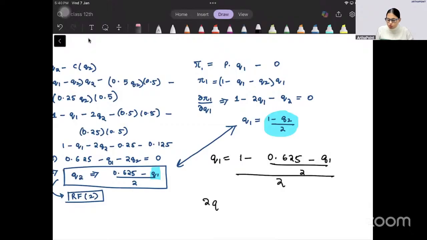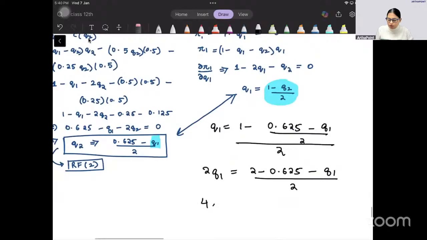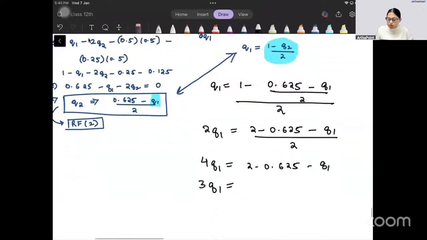So 2Q1 is equal to 2 minus (0.625 minus Q1) by 2. 4Q1 is equal to 2 minus 0.625 plus Q1. 3Q1 is equal to 2 minus 0.625.